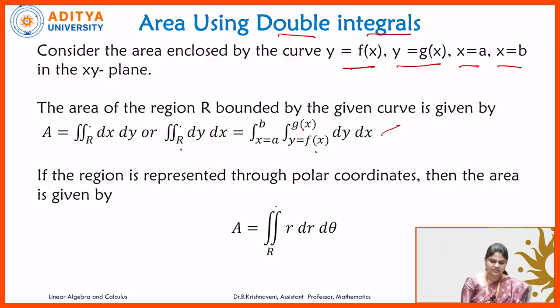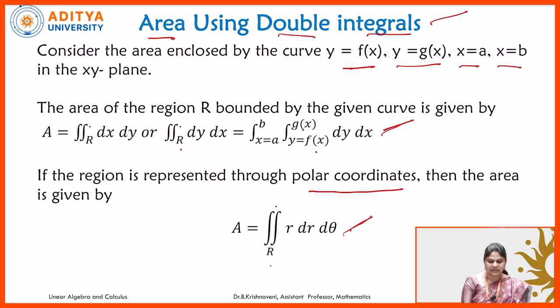And if the region is represented through polar coordinates, then the area is given by A is equal to double integral over R r dr d theta. So here we are going to learn to find the area using double integrals, one in Cartesian, the other in polar.